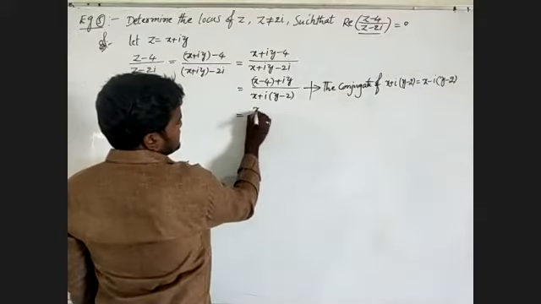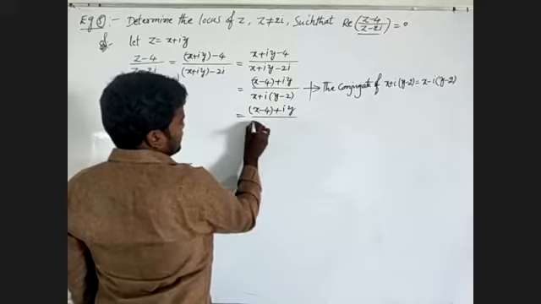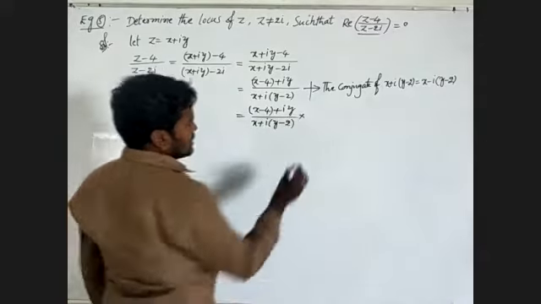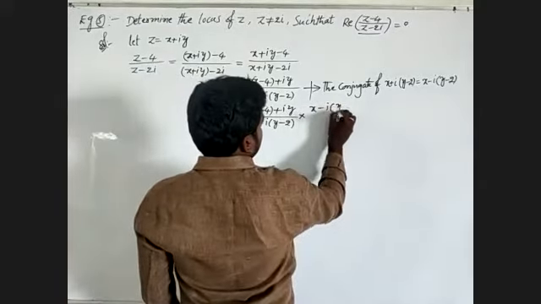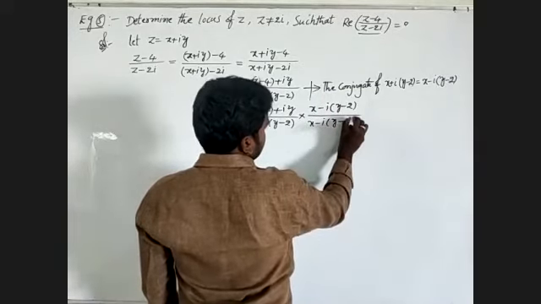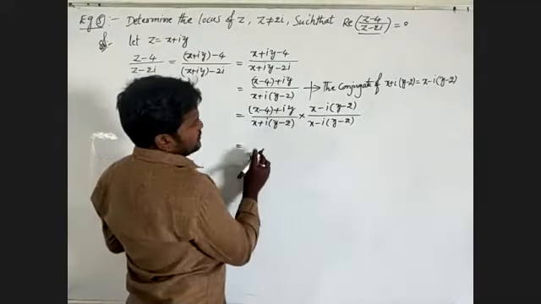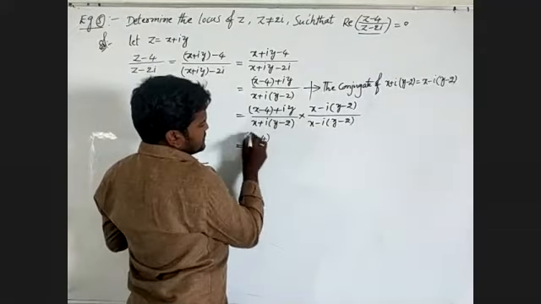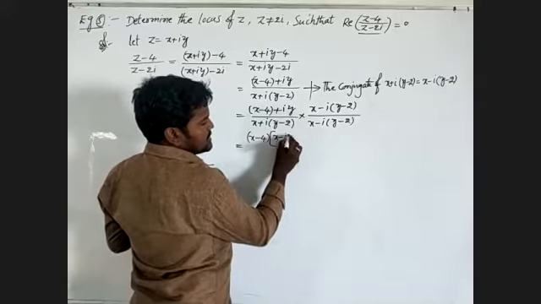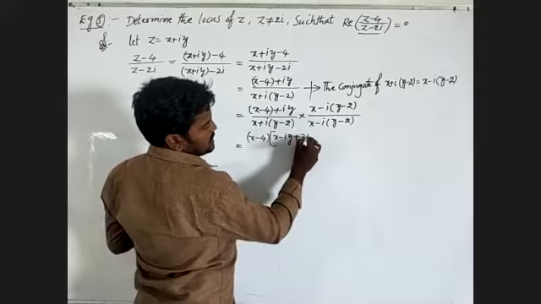(x minus 4 plus iy) by (x plus i(y minus 2)) into (x minus i(y minus 2)) by (x minus i(y minus 2)). Both numerators will be multiplied. First I will multiply (x minus 4) into both terms, that means x minus iy plus 2i.